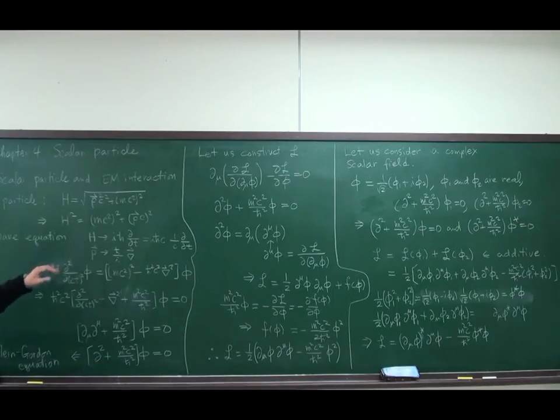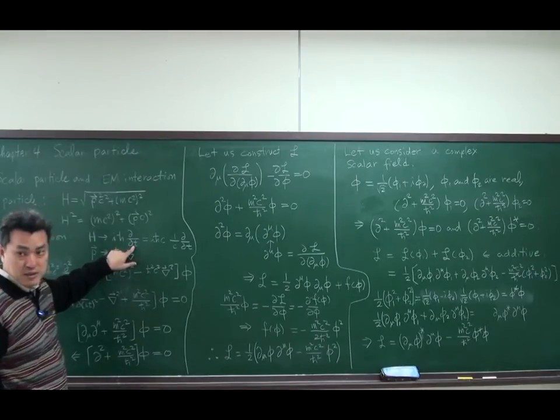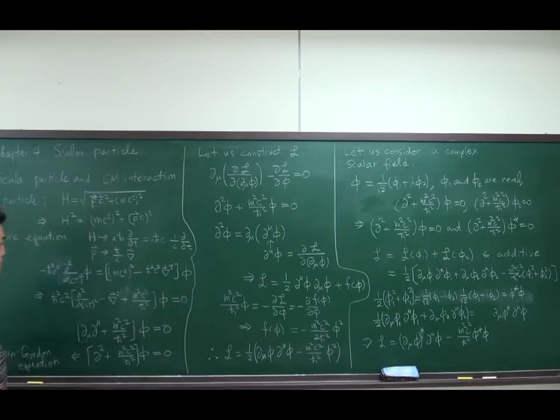The Hamiltonian is to be replaced with the i h bar partial time derivative, and momentum is replaced by h bar over i gradient. And in order to construct a relativistically covariant form, it's better to multiply the speed of light to make the time dimension have the length dimension.